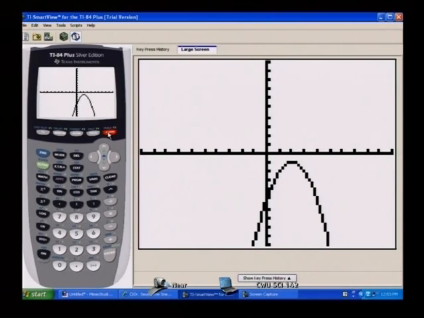So you see that what used to be at the origin has been shifted to the right 2 spaces, down 1, and it's been flipped over the x-axis.